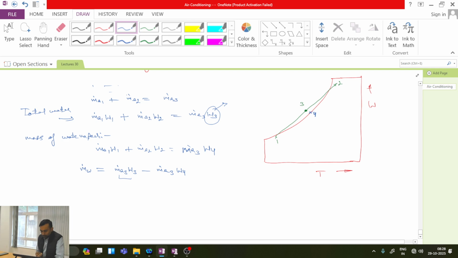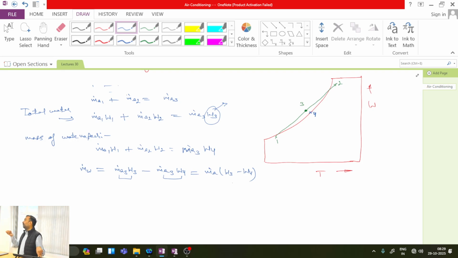So total water mass minus vapor mass becomes m dot A3 into (W3 minus W4). So this much flow rate I will be getting in the form of fine liquid droplets. And these liquid droplets, whenever present in the moist air, are nothing but called fog droplets. Okay. Is this point clear? All are clear with this point?